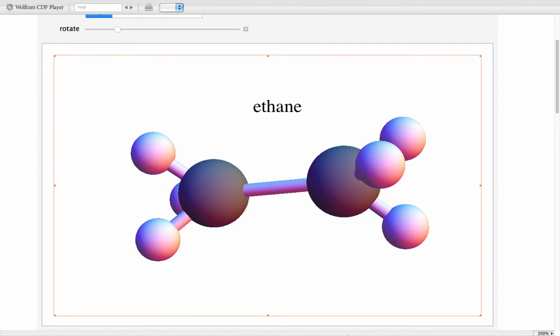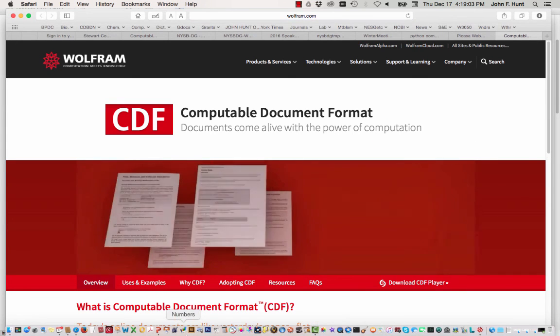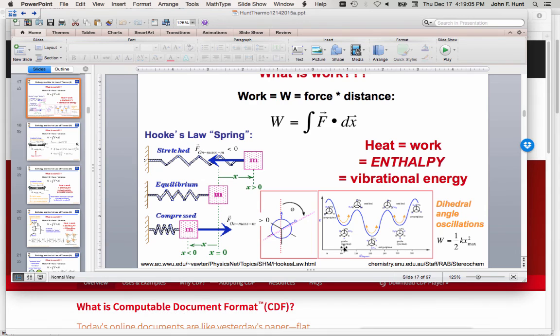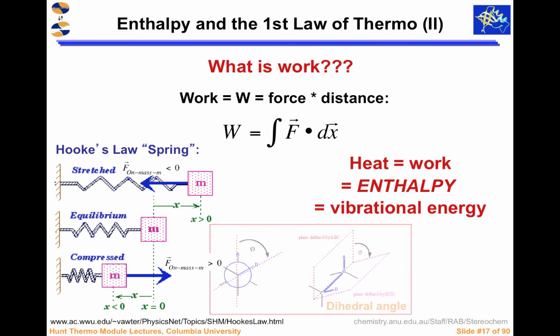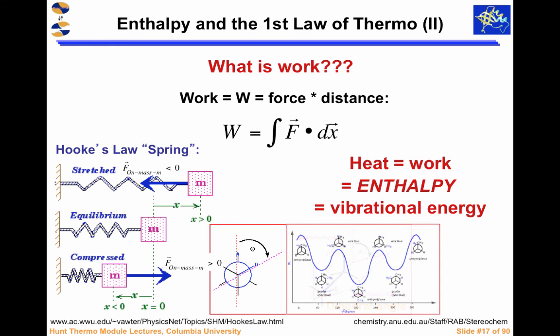Okay, so to go back to the PowerPoint presentation en route to wrapping up, just one more slide to be shown here, and that is now showing the energy profile as we rotate around the dihedral bond. This is showing essentially the van der Waals energy between the atoms that are bound.